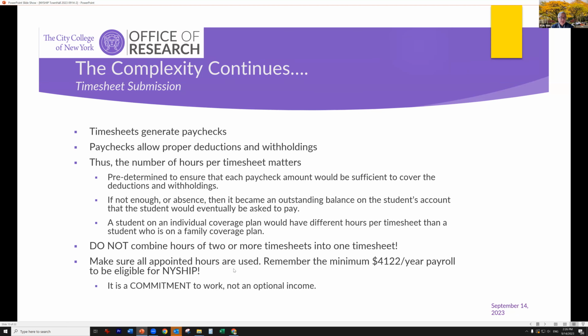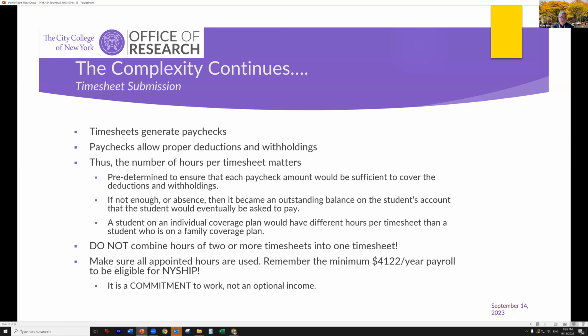And also, one thing that I want to stress is that they were appointed to 48 hours for this semester, or 92 hours, or whatever number of hours, I cannot quite remember, total number of hours for the year. They need to use those hours up.